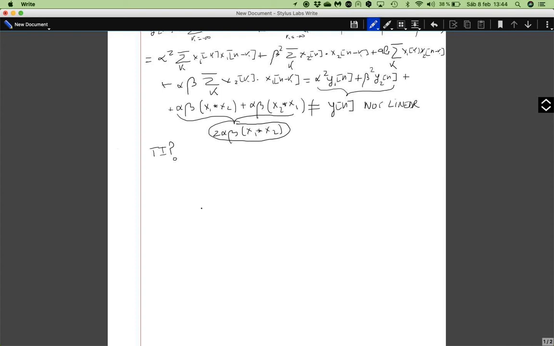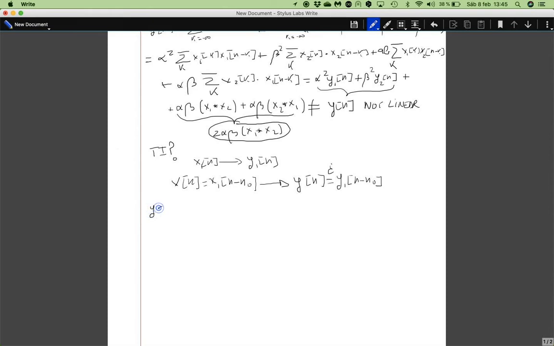So let's remember that time invariant means that if we have an x1[n] signal and we get a y1[n] output, we can take another signal which is x1[n] but delayed. If we input this signal into the system, and the system is time invariant, we should get an output which is exactly the same as the output without the delay, but just delayed the same amount. So this is what we have to check, just applying the raw definition.